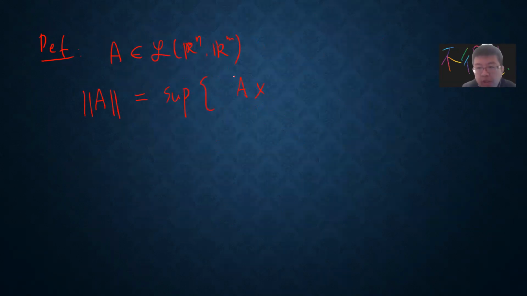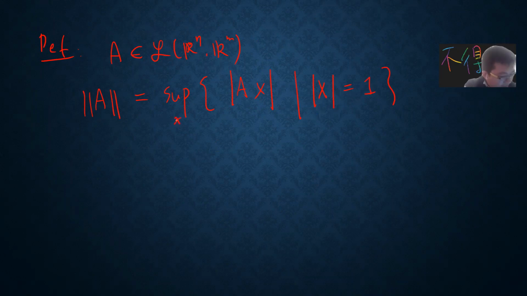I take the length of Ax, but for every x, I only care about the unit sphere, that is, vectors of length one. I map all the length-one vectors to Ax and then take the sup. This is called the norm of A.